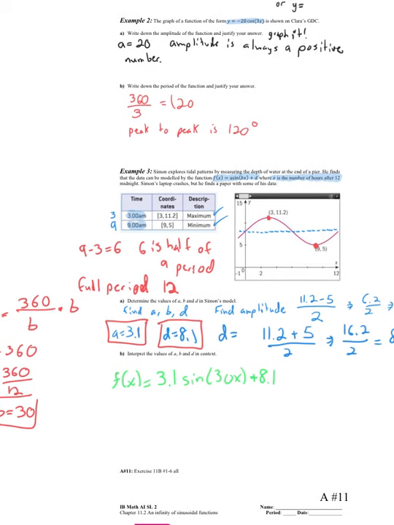All right, now is the important part. How do I interpret these values? So what was Simon looking at in the first place? What was he exploring? We go back to the very beginning of the problem. He's looking at tidal patterns by measuring the depth of water at the end of a pier.